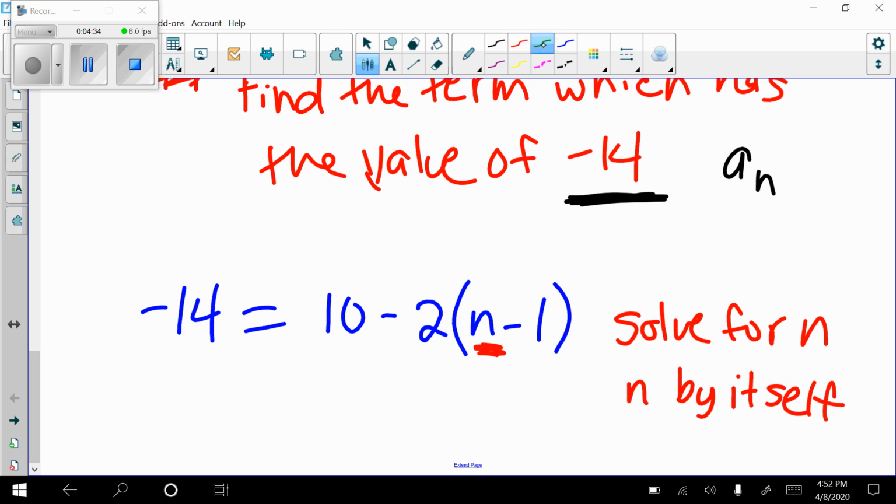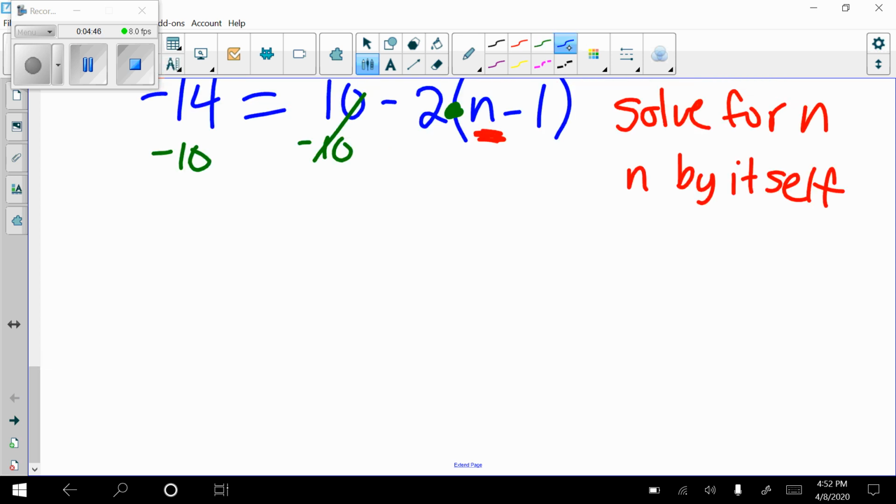In order to do that, 2 times the parentheses is being multiplied, so the first thing I have to do is subtract this number 10. This is going to give me -24 equals -2 times n minus 1.